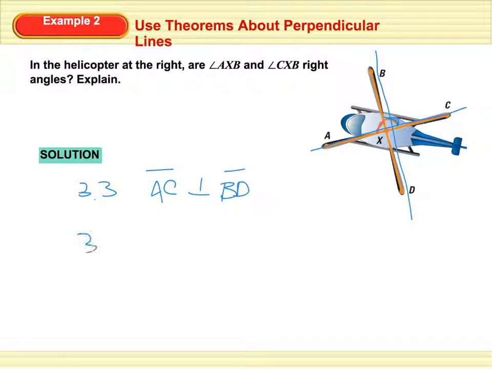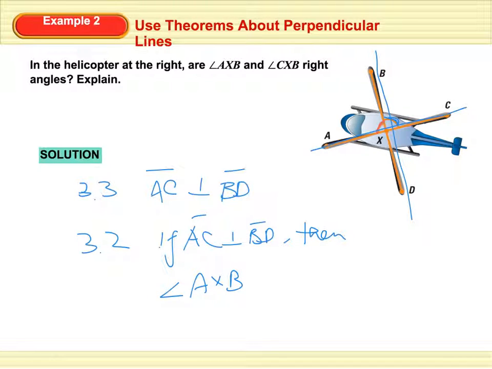And then if we use theorem 3.2, then we would know that because AC and BD are perpendicular to each other, angle AXB and angle CXB, they both are right angles.